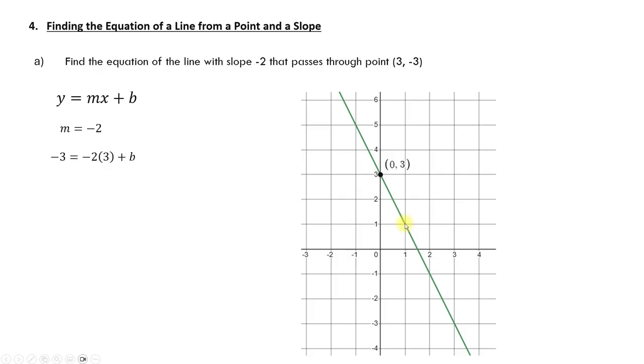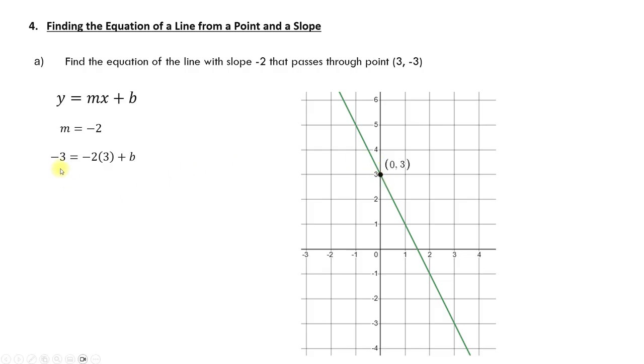Now, once we know what our slope is, and we have an x value and a y value, we can take what we know and plug it into this equation. So we know that one coordinate point where y equals -3, x equals 3, and our slope is negative 2.